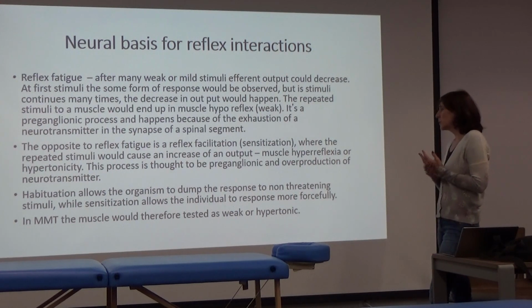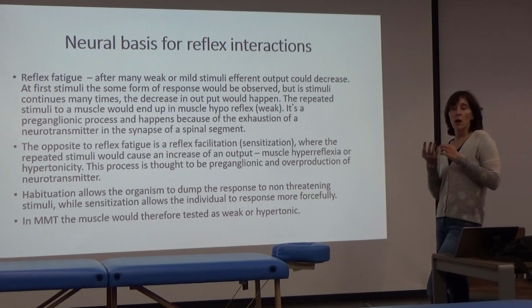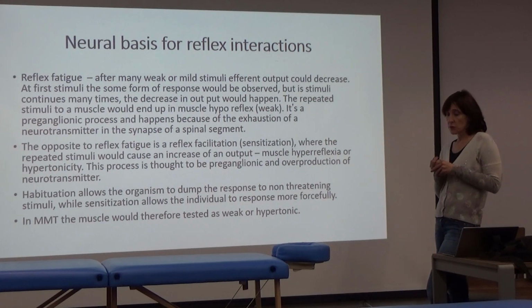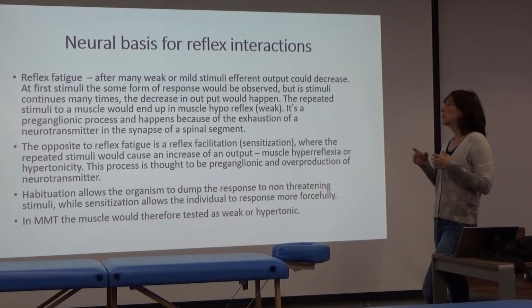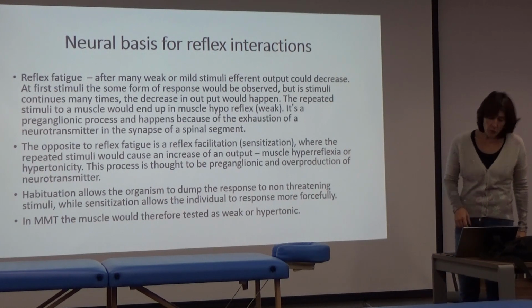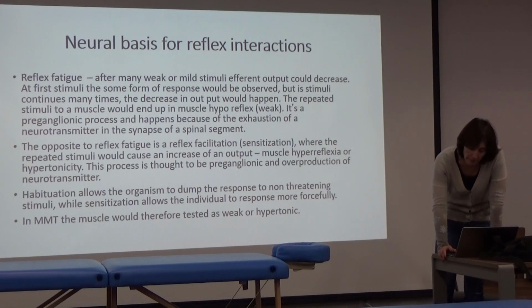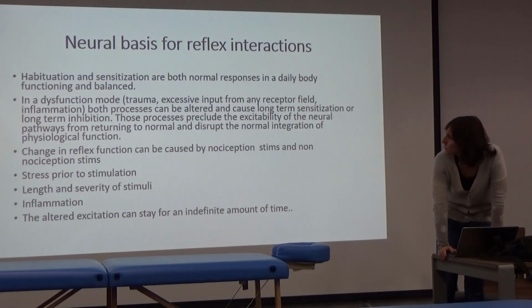And in manual muscle testing, we talk about hyporeflexive muscles and hyperreflexive muscles. So this is to do with the chemical regulation of the level of spinal cord, and it's going to influence the result of the testing.